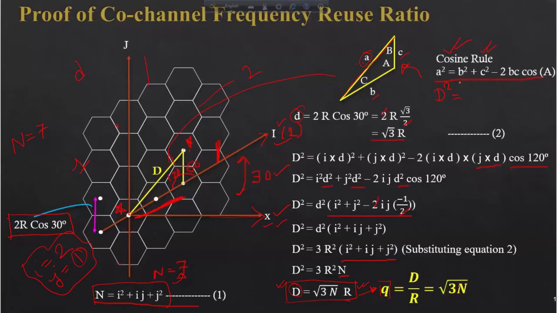Now, b square plus c square minus 2bc cos A. What is b square? Here we are putting these values. This distance is denoted by small b. See, we are deriving one general formula. From this cell center to this cell center, the distance is denoted by small d.